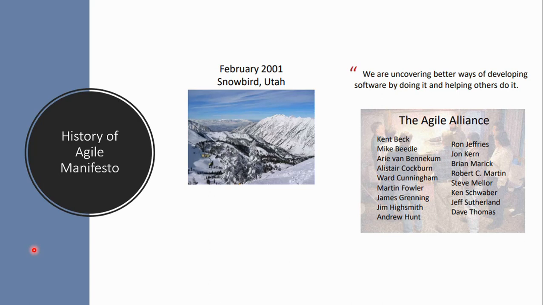It's basically a value system. It's not a framework. It's a value system, and they came up with some key principles and values that would eliminate some negative effects of the waterfall method. There's nothing wrong with the waterfall method, but with Agile they try to interact with the customer more frequently.